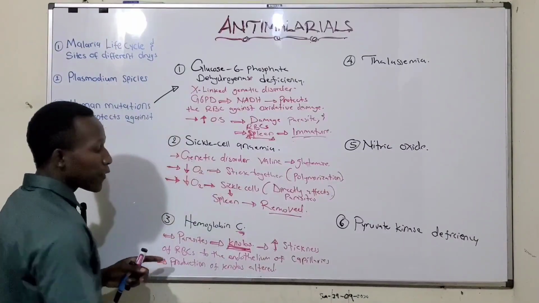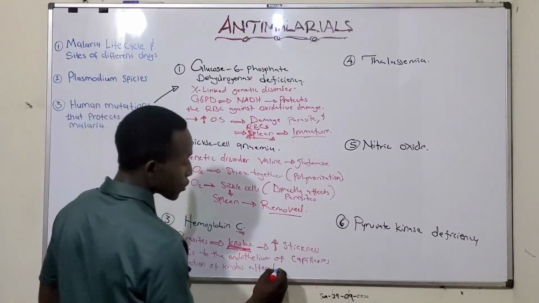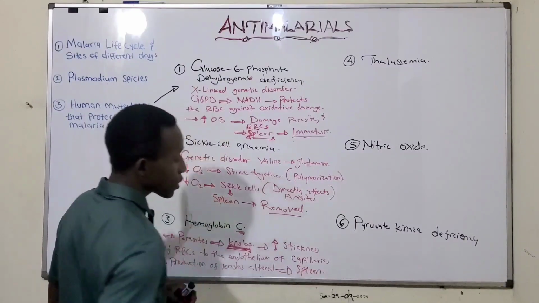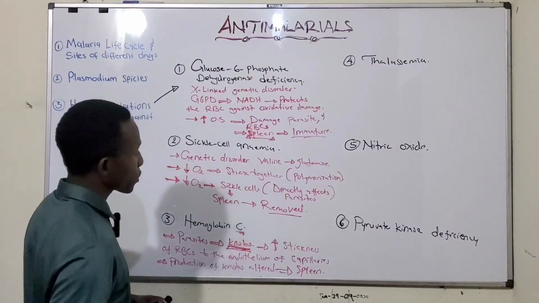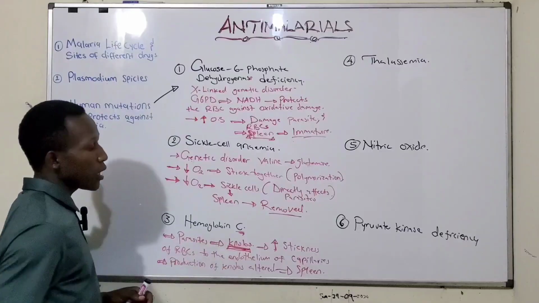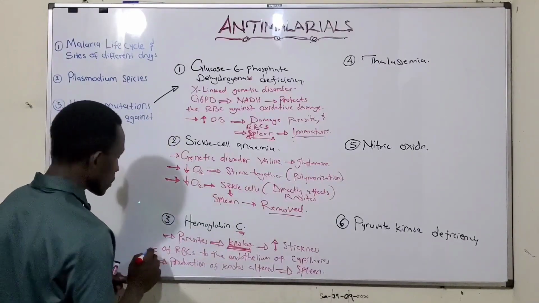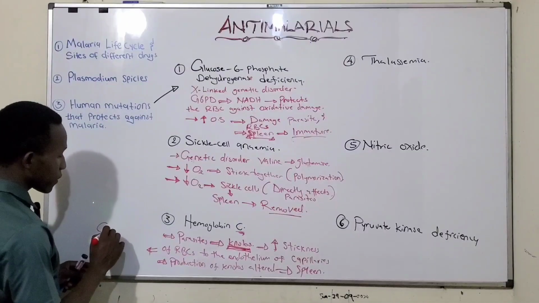Meaning that the infected red blood cells will not be sequestered and they will go to the spleen to be removed. So this will decrease the load. Again, it will prevent cerebral malaria.